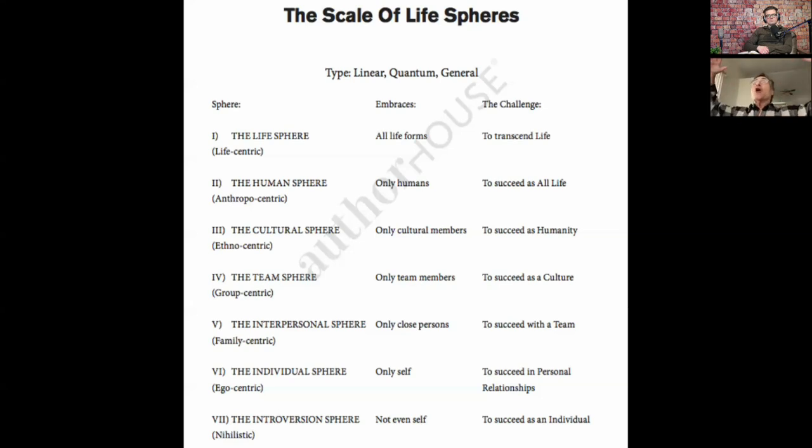You see, that's a larger sphere. So that's what I mean by sphere. And then if you go up to the interpersonal sphere, oh, now he has friends. Now he has relationships with his cousins and he has a girlfriend. That's interpersonal. It's a larger sphere. So to the degree a person ascends the scale, he has more space. He literally has more space. So he encompasses more of life.